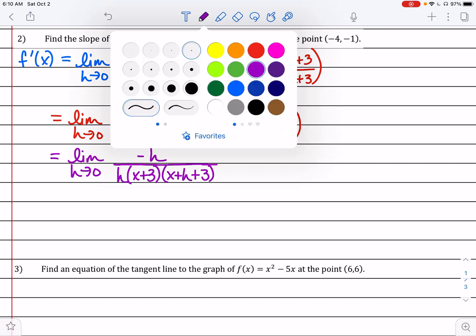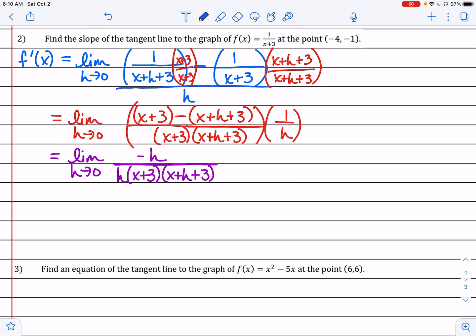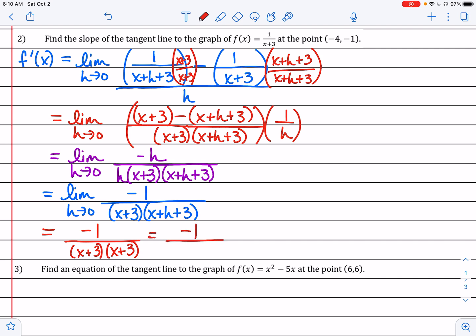Now we can simplify those h's and we're left with the limit as h approaches 0 of negative 1 over x plus 3 times x plus h plus 3. Now when I evaluate my limit, I'm left with negative 1 over x plus 3 times x plus 3, which is really negative 1 over x plus 3 squared.